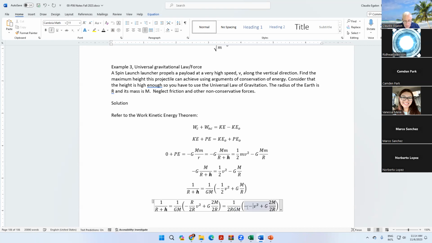Minus R, oh, minus R is already there. And 2R already put that 2M. That's the equation we want to solve.